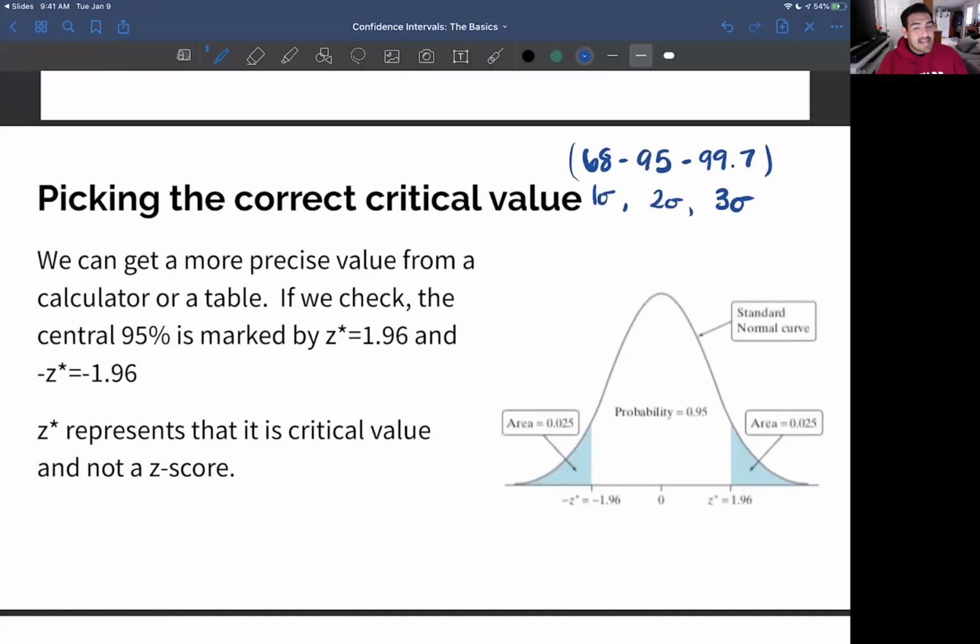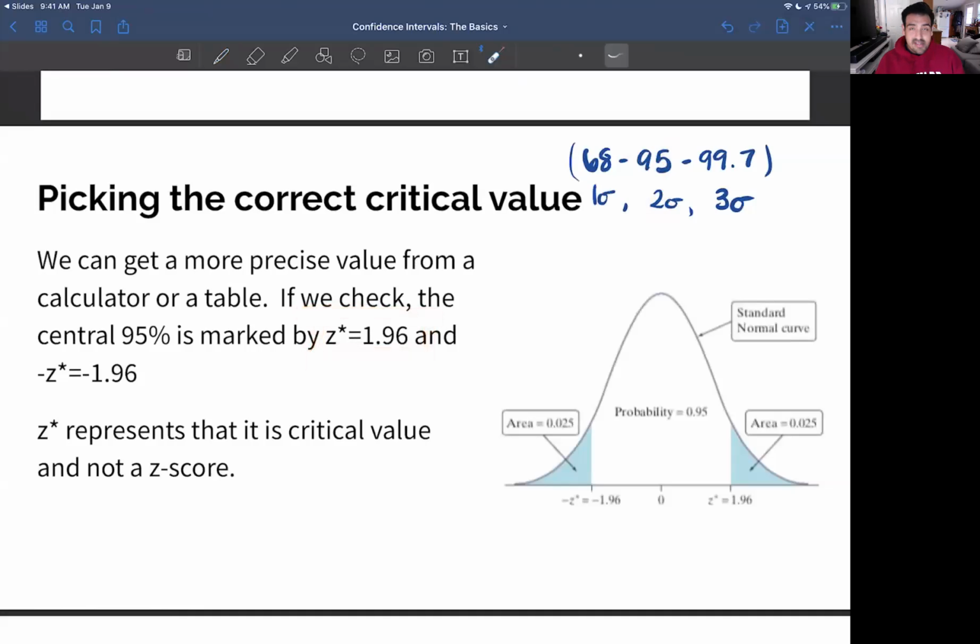Well, that wasn't exactly correct. 2 standard deviations is not actually 95%. When we look mathematically, 1.96 standard deviations is the true 95% that will be under our curve. So we're no longer going to think of 2 standard deviations for the 95%. It's really important that we think of 1.96.